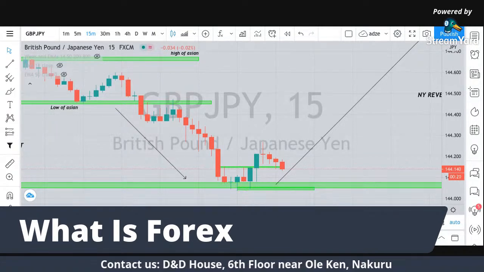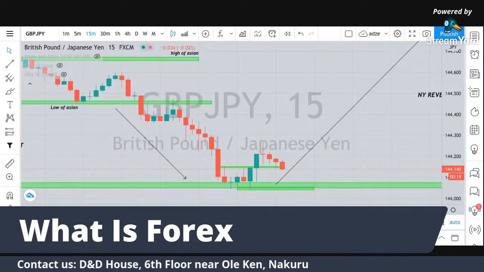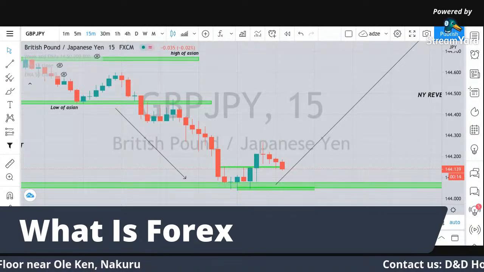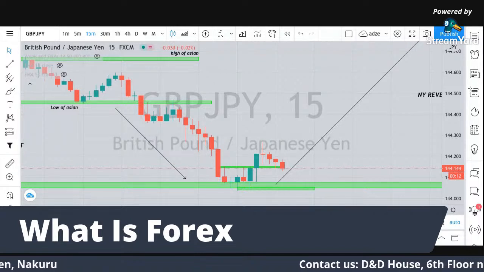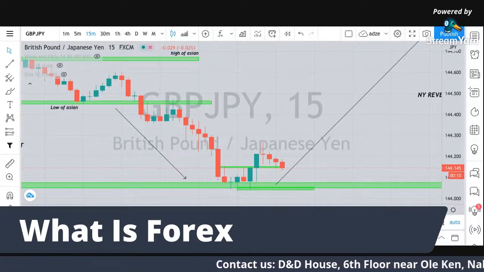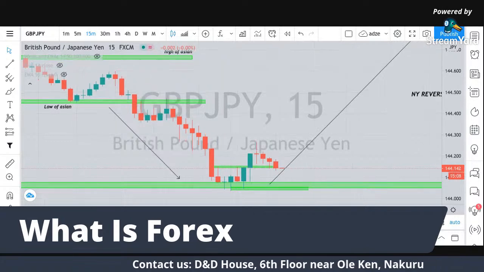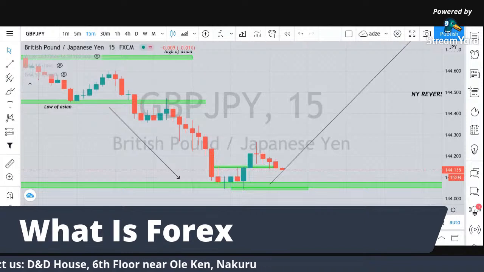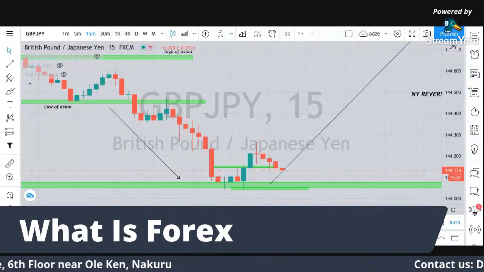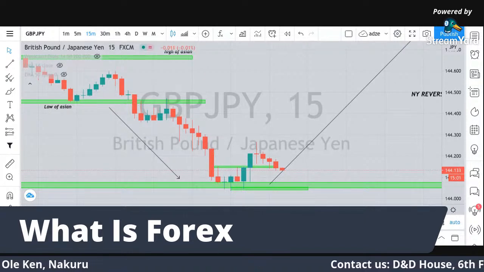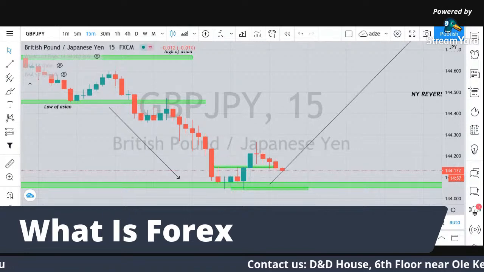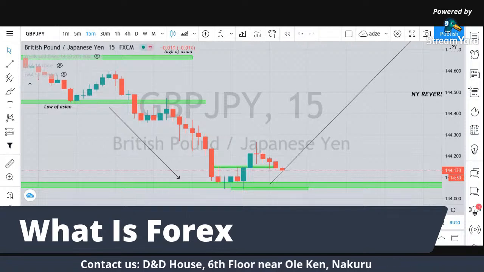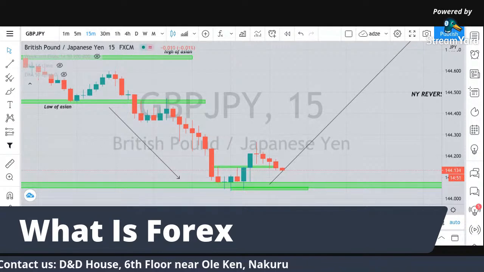So price is breaking. Let's see if it closes below the range. Yeah, I'll cover something small, Forex basics.